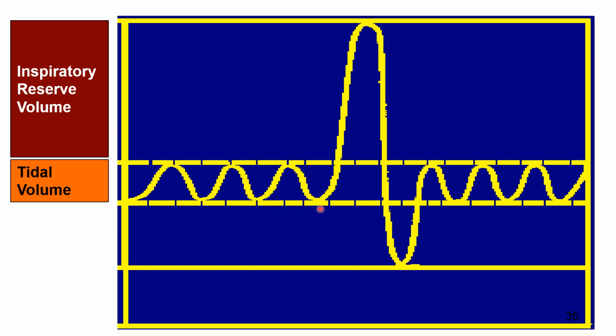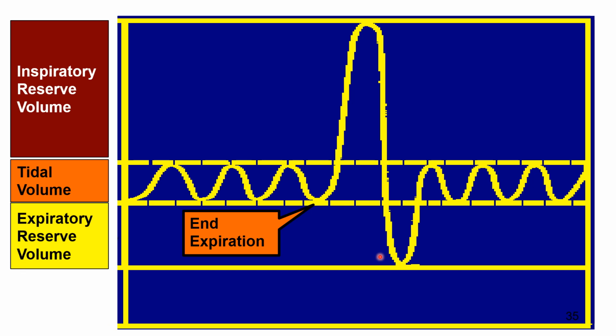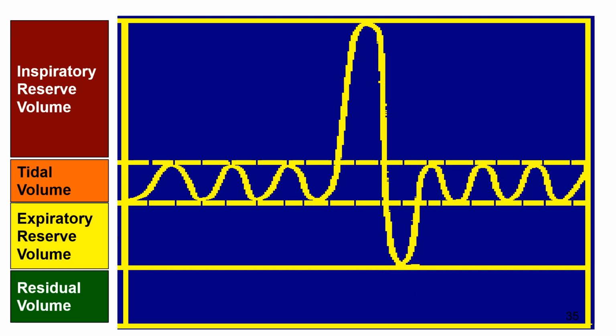Now, at end expiration, if we're going to maximally expire, the additional amount of air that we can expire logically is known as expiratory reserve volume. The amount of air remaining in our lungs after maximal expiration is known as your residual volume.